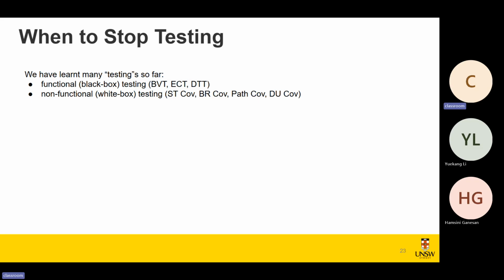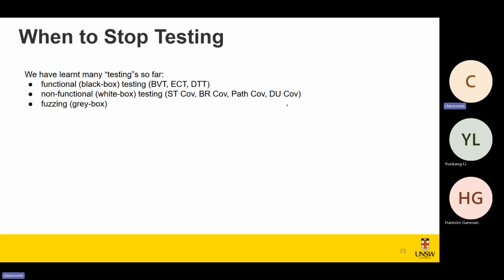And then we learned non-functional or white box testing. White box testing is all about different types of coverage, right? So we have statement coverage, branch coverage, path coverage, and def-use coverage, which is related to data flow.